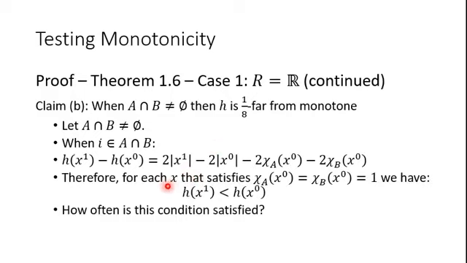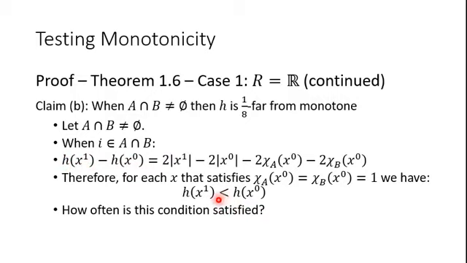For each x that satisfies chi A of x0 equals chi B of x0 equals 1, we can see that if this equals 1 and this equals 1, they sum to -4, all this term. And this we know already from previously. We know that this is 2, so it tips into the negative. And that means that h of x0 has to be larger than h of x1, which is what's written here.